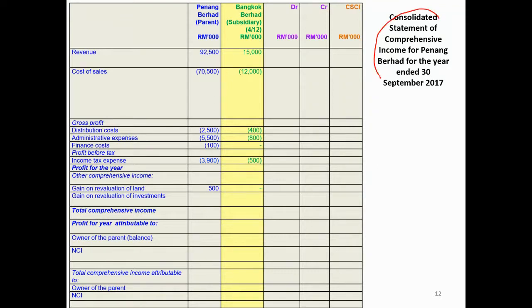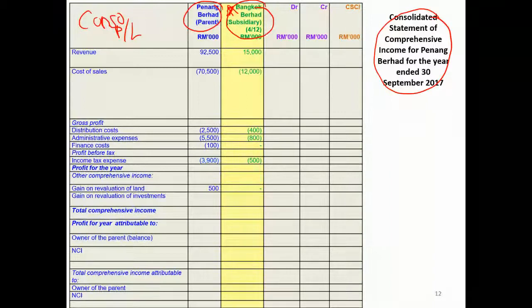So firstly, don't forget you always start off with the title. And then after that, you do your worksheet. So your worksheet is the same as balance sheet, but for consol P&L, you would need to copy the items from the question like revenue, cost of sales, gross profit. And then you have two columns, same, parent and subsidiary. So parent's figure copy back from the question. Okay, take note, subsidiary's figure, Bangkok, you can see I highlighted in yellow.